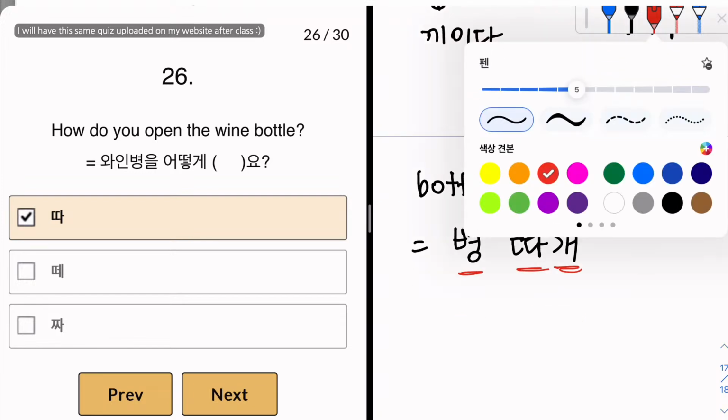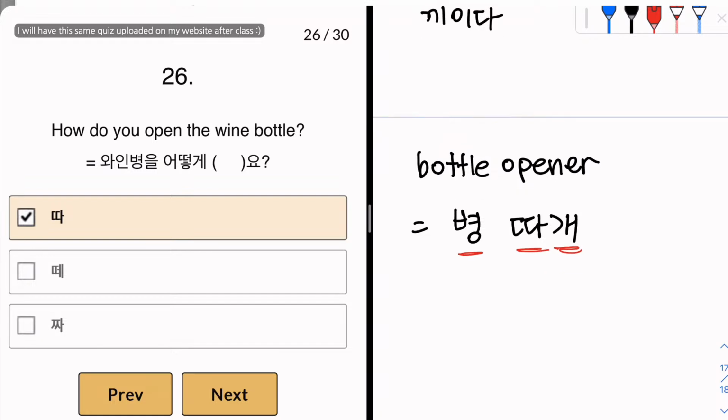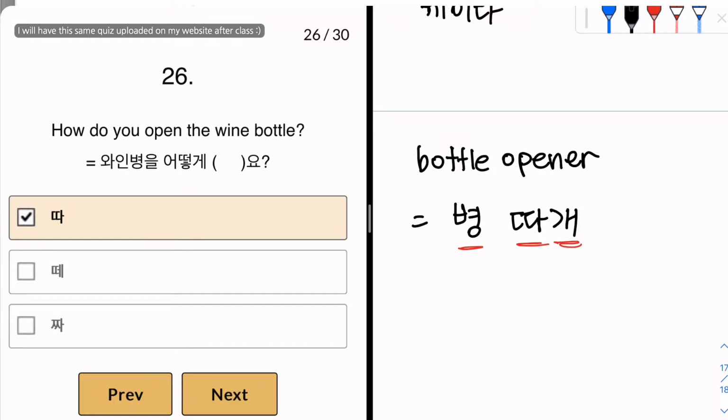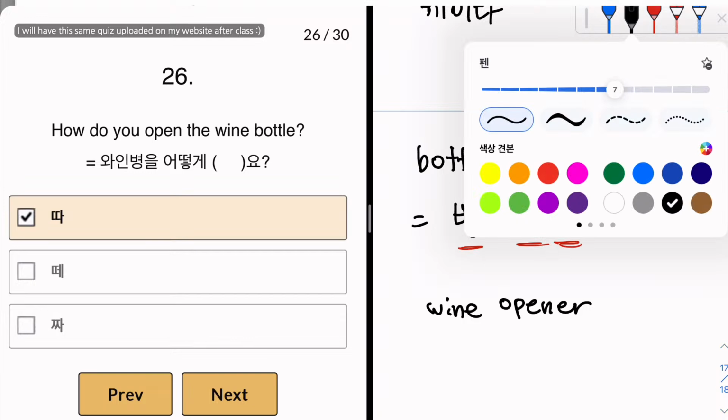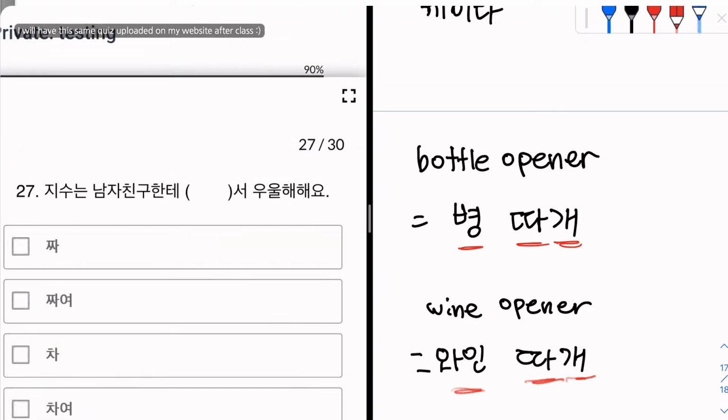So if you want to ask where's the bottle opener, you can say 병 따개 어딨어요? 그리고 as for the wine opener, the corkscrew, you can literally say the same thing. Wine 따개. The thing that opens wine. 따다. So 따다 is a very useful verb to know.